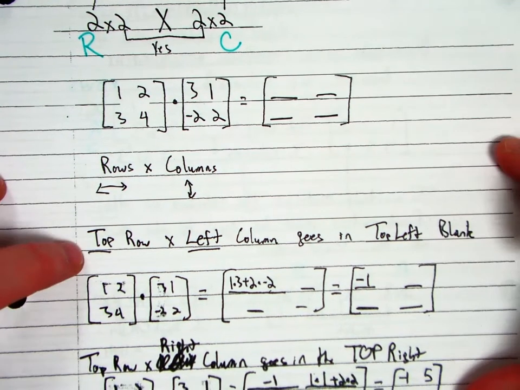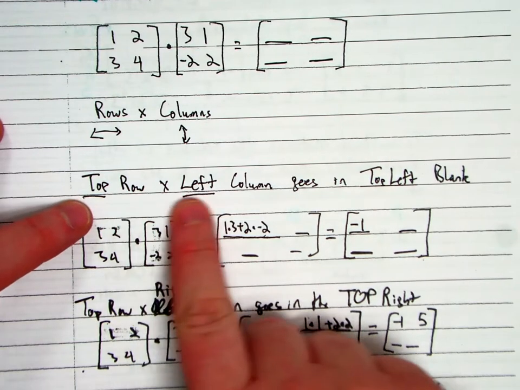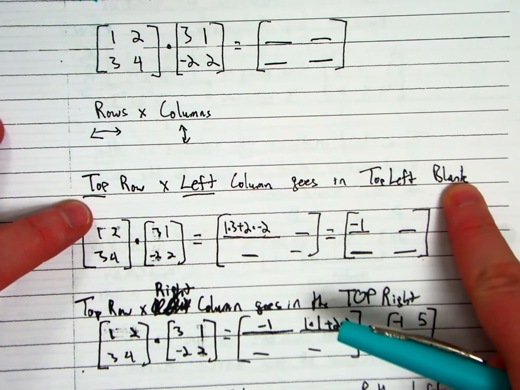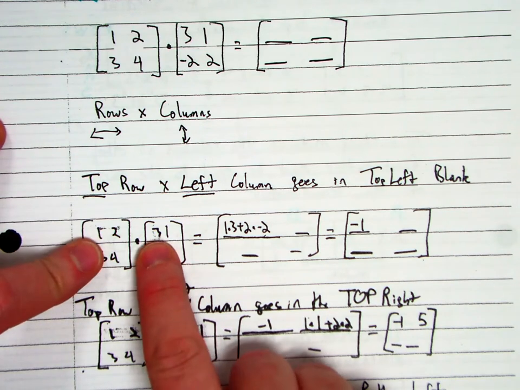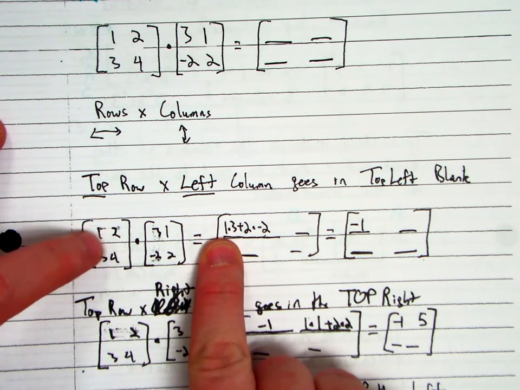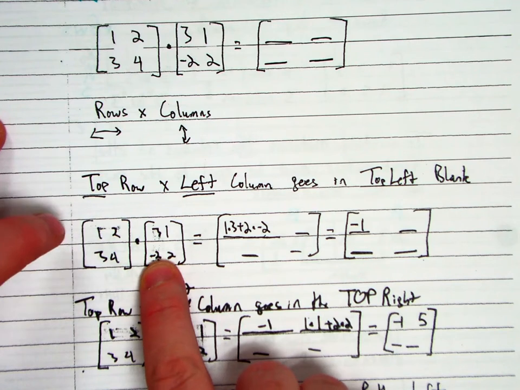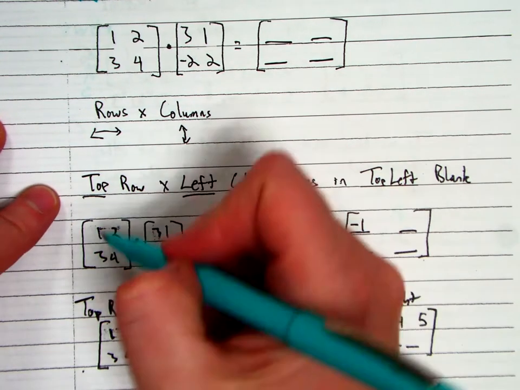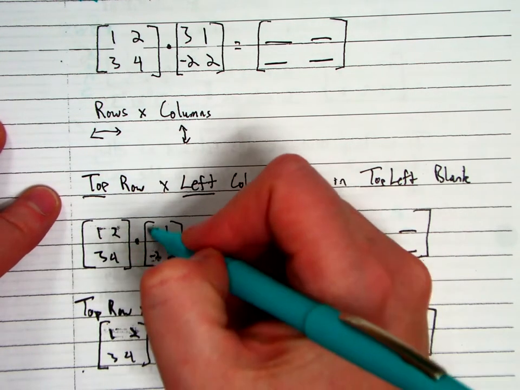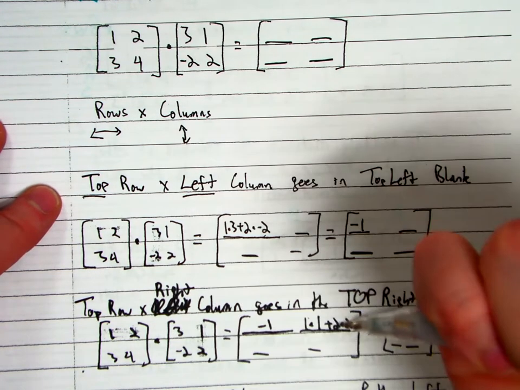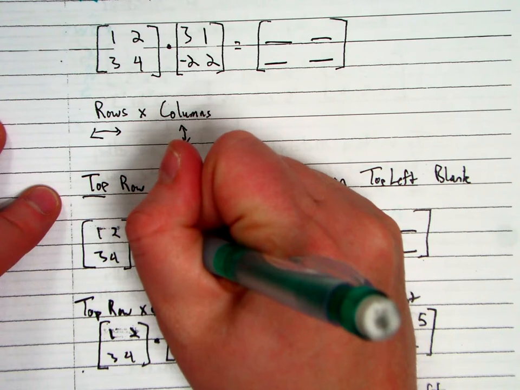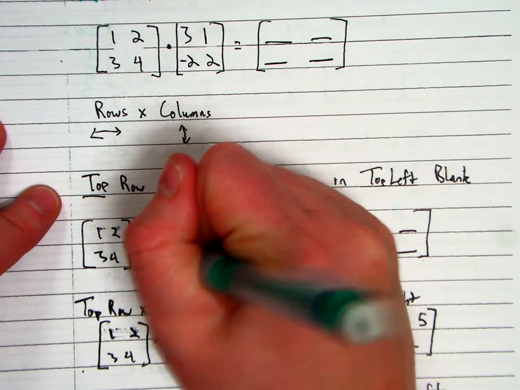Okay, so looking through this, the top row times the left column goes in the top left blank. You add the two values together, so 1 times 3 plus 2 times negative 2. So kind of what you're doing is you're taking these values here and lining them up right next to this number. It's going to be 1 and 2.